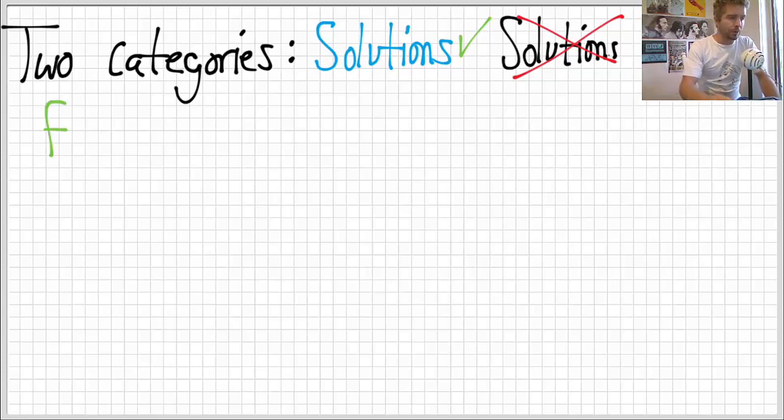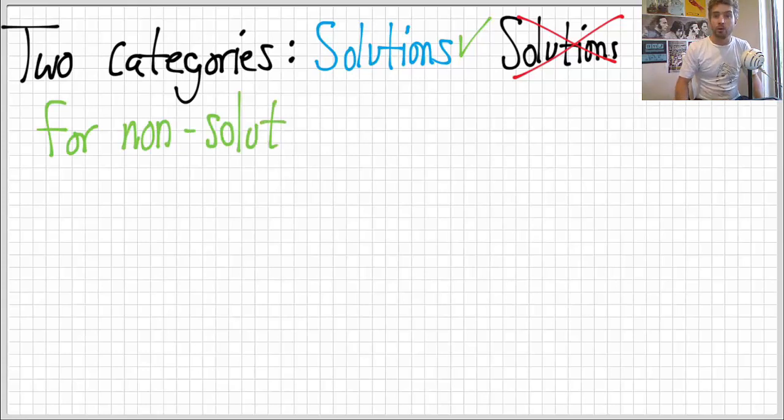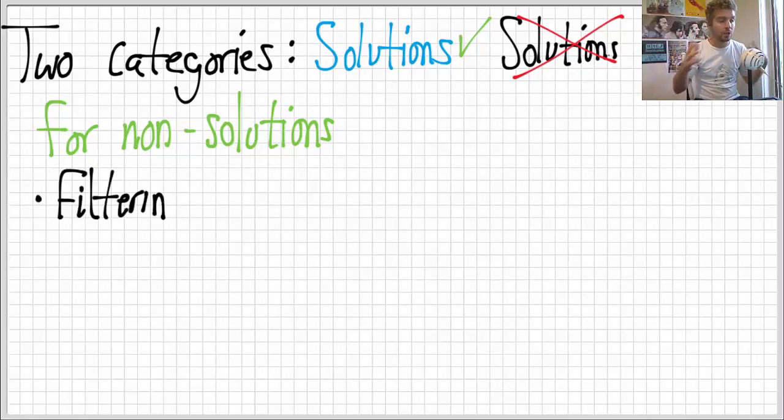All right, so the first technique. We're going to start with the non-solutions, the techniques that work for things that are not solutions, just other mixtures. The first one is filtering. You've probably seen this one quite a bit.